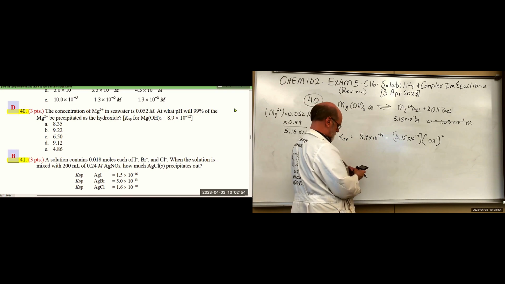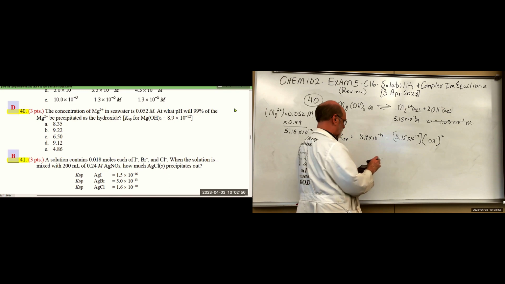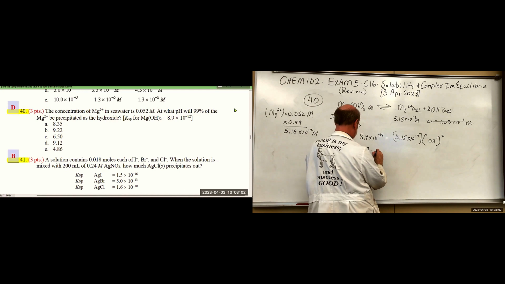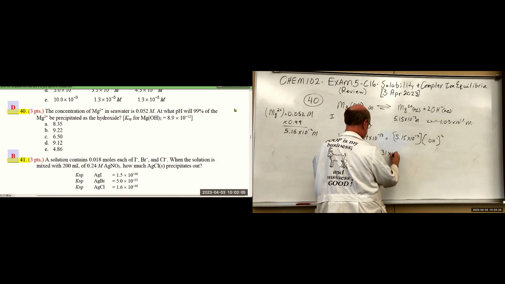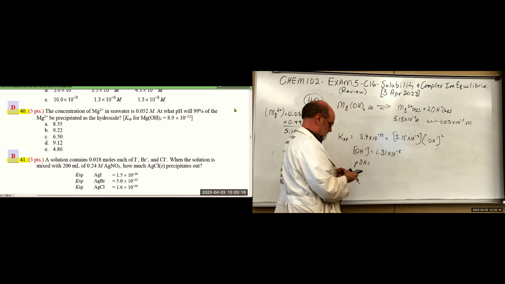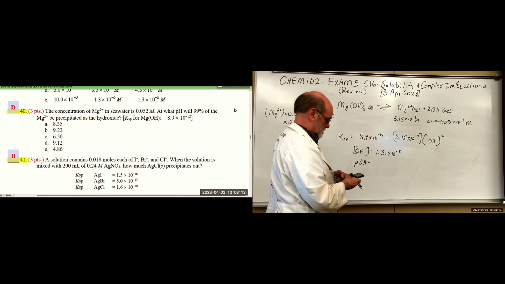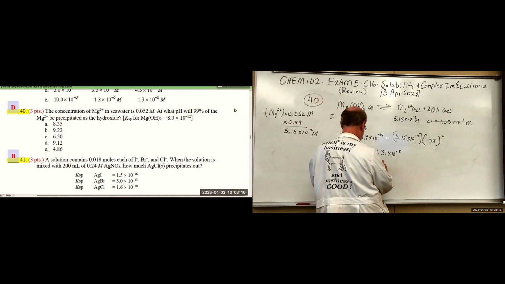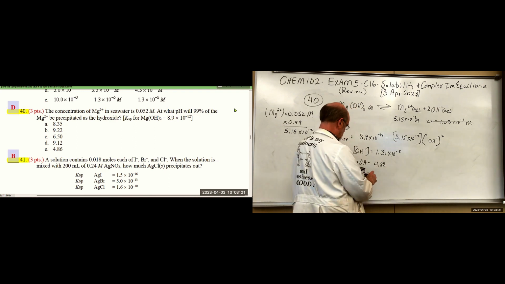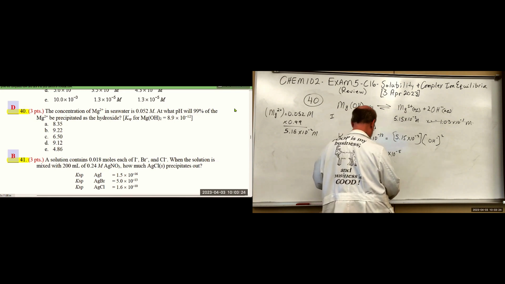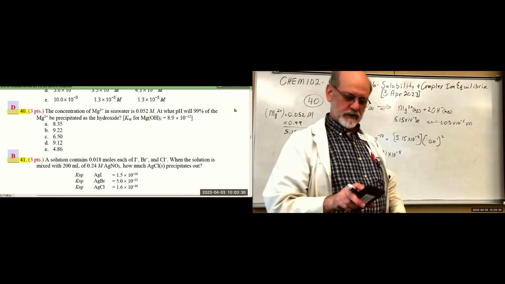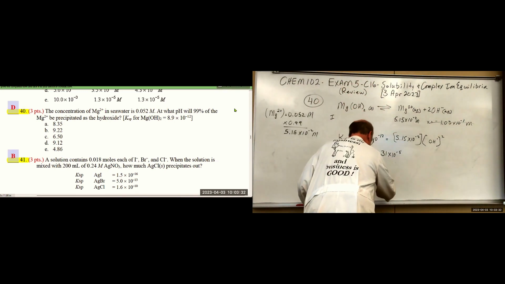And then take the square root. There. So the OH concentration needed is 1.31 times 10 to the minus 5. The pOH is the negative log of that, which is 4.88, and the pH is 14 minus that, which is 9.1. There we go. Or 9.12. Yeah, I rounded it off. There you go.